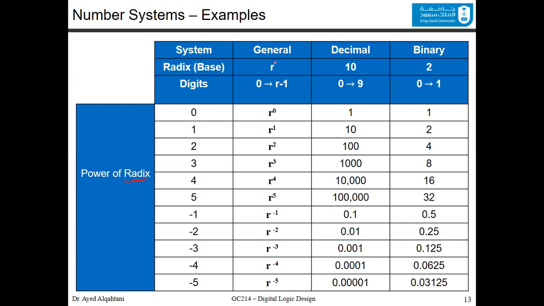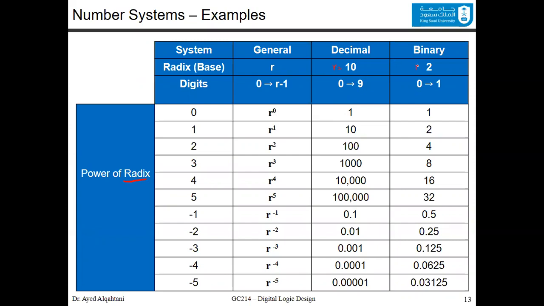Now, in a general radix R, we have R to the power of 0, R to the power of 1, R to the power of 2, and so on, to R to the power of 5. And also on the negative side, R to the power of minus 1 up to R to the power of minus 5. In the decimal system, if our R is equal to 10, now the digits have to be between 0 and 9.